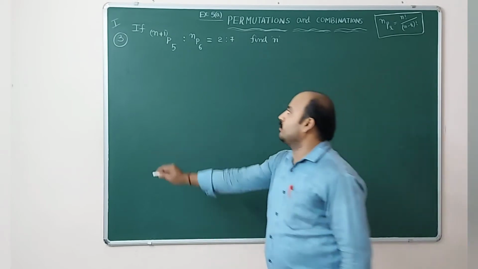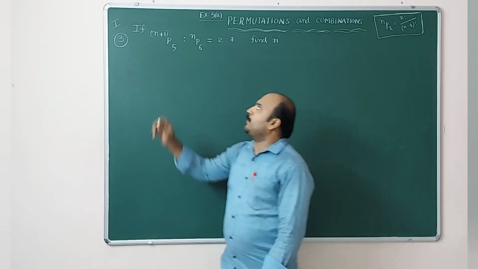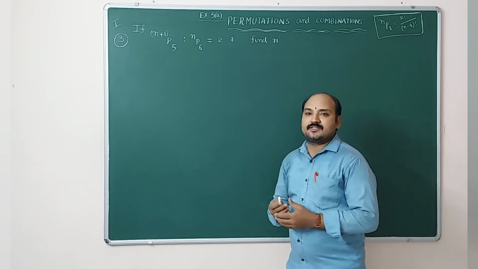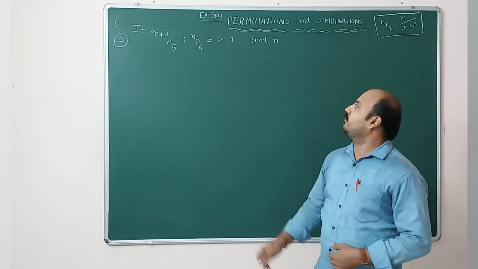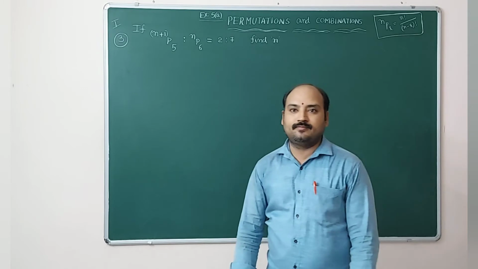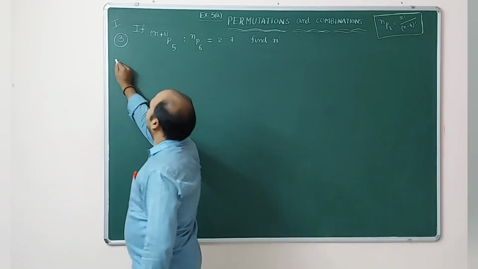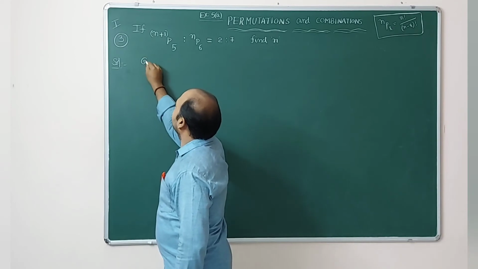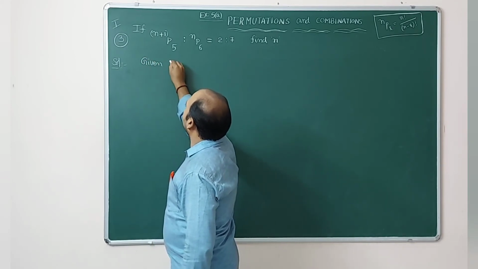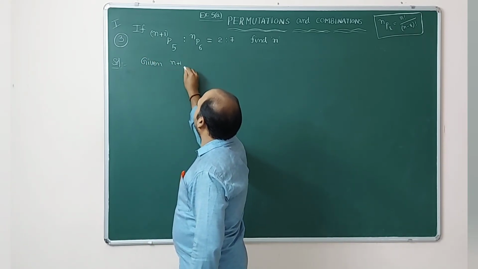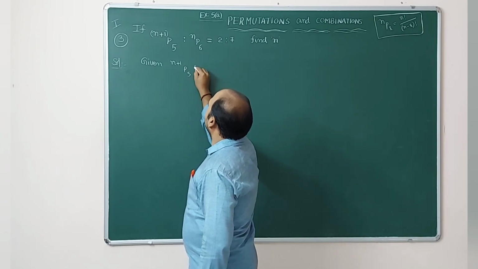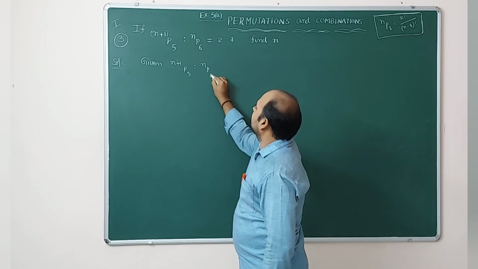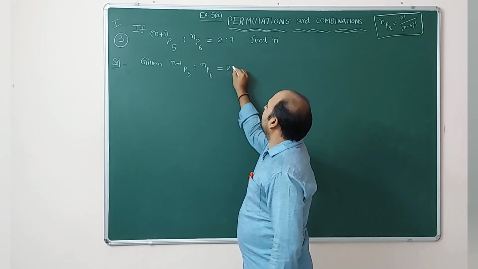Next question, question number 3. If (n+1)P5 is to nP6 equal to 2 is to 7, find n. First step, given (n+1)P5 is to nP6 is equal to 2 is to 7.